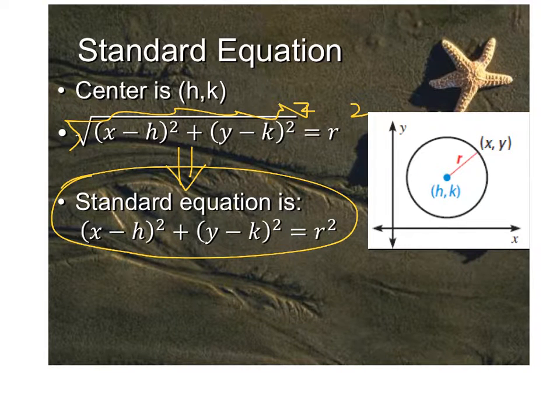Now, you can memorize this formula and use it for the 0, 0. Wait, what is the h one? The h is going to be the x of our ordered pair of the center, and the k is the y. Wait, what is the first equation? Why is it different from the second equation? They're showing you how it was developed. So basically it's like the distance formula.